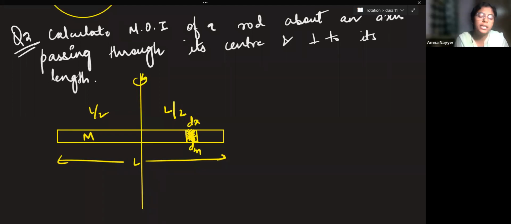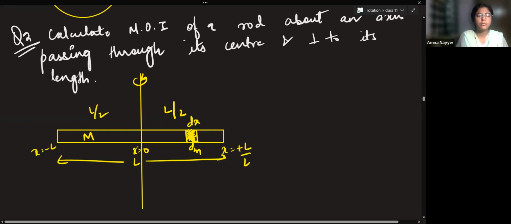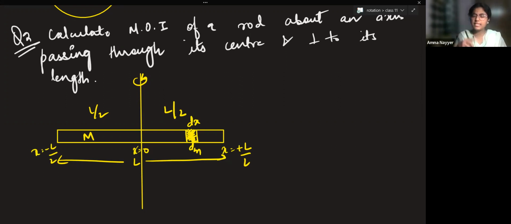Whenever we solve the numericals of moment of inertia, you have to choose the axis. If this is my axis of rotation, let me assume that this is x equal to 0. So this will become x equal to plus L by 2, and this will become x equal to minus L by 2. One axis I have assumed. Why? Because through this axis, there won't be any distance.